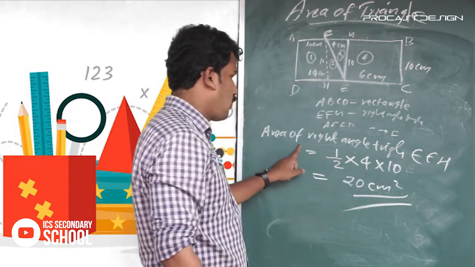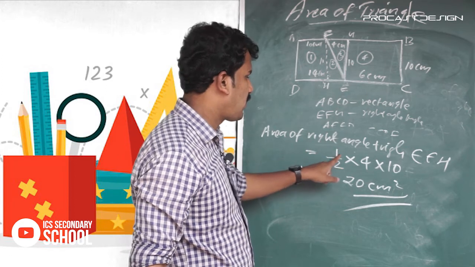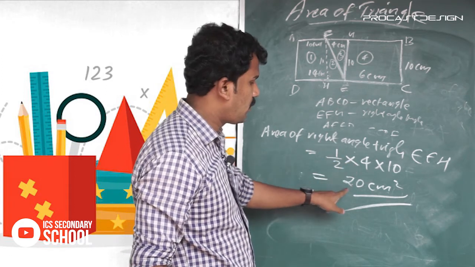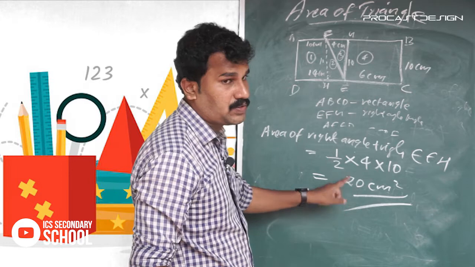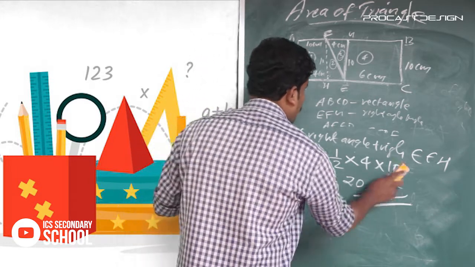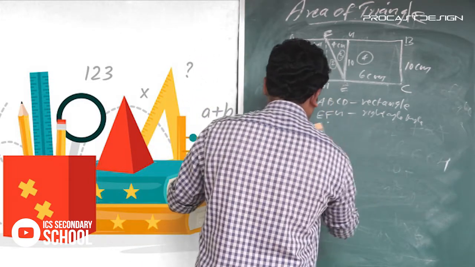Area of triangle EFH is half into 4 into 10, that is 20 centimeter square.